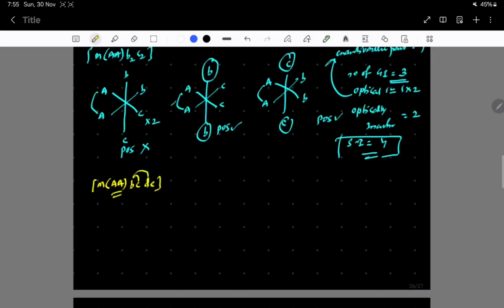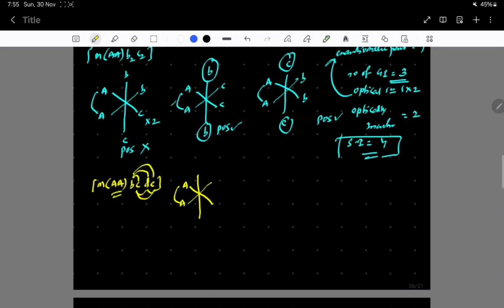One combination I can write is B2D trans, and one is B2E trans, right? One more combination I can write is C2D trans, another is C2E trans, and one more is C2E cis only, D2E cis only, right? Now these combinations here I am writing, then we will check one by one, right?